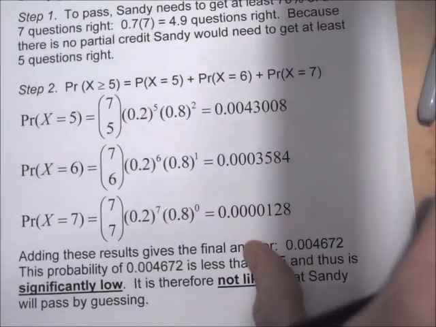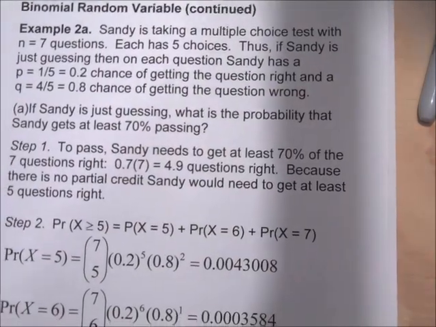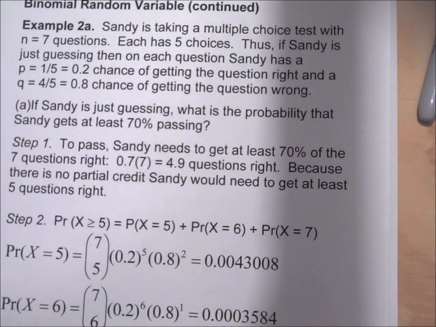Okay, so here's another example of binomial. This one is actually a true binomial because whether Sandy gets one question right is not going to affect whether she gets the second question right.